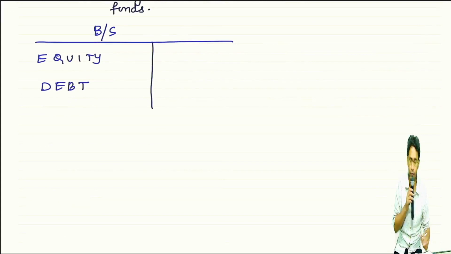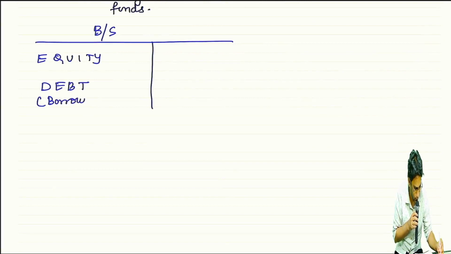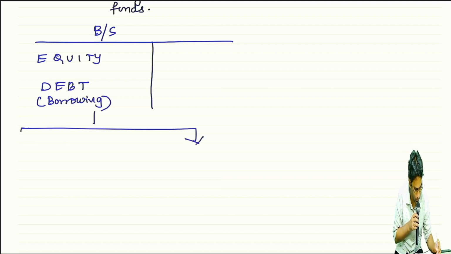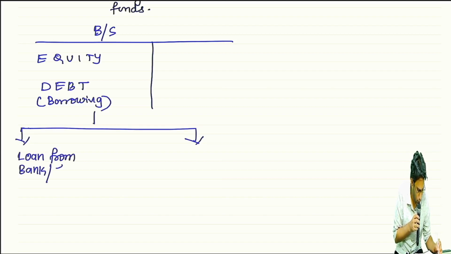On the other side, if you think about debt, debt is nothing but borrowing, sir. Now, in borrowing, again, two routes are there for the entity. One is to take a loan from a bank or any financial institution.